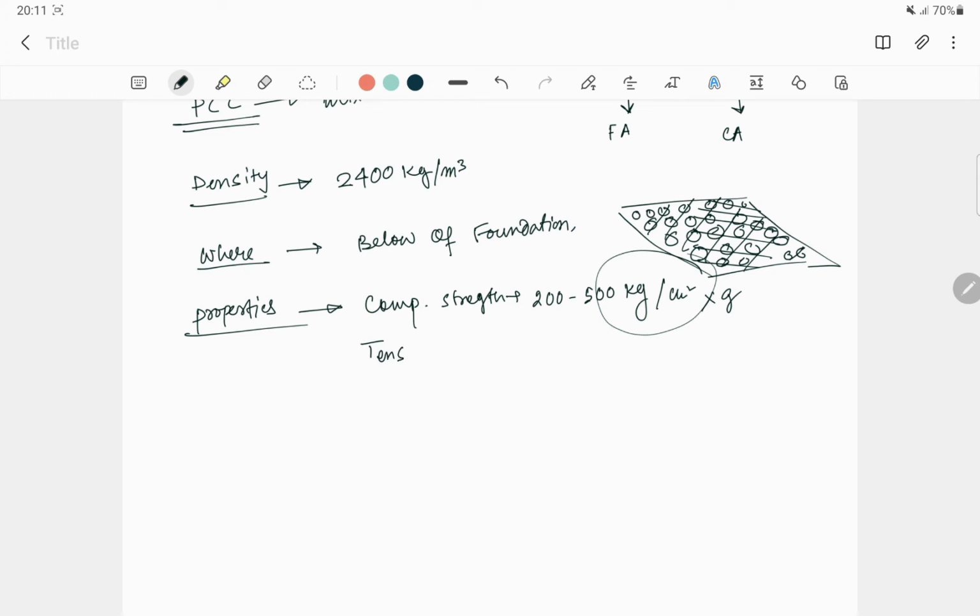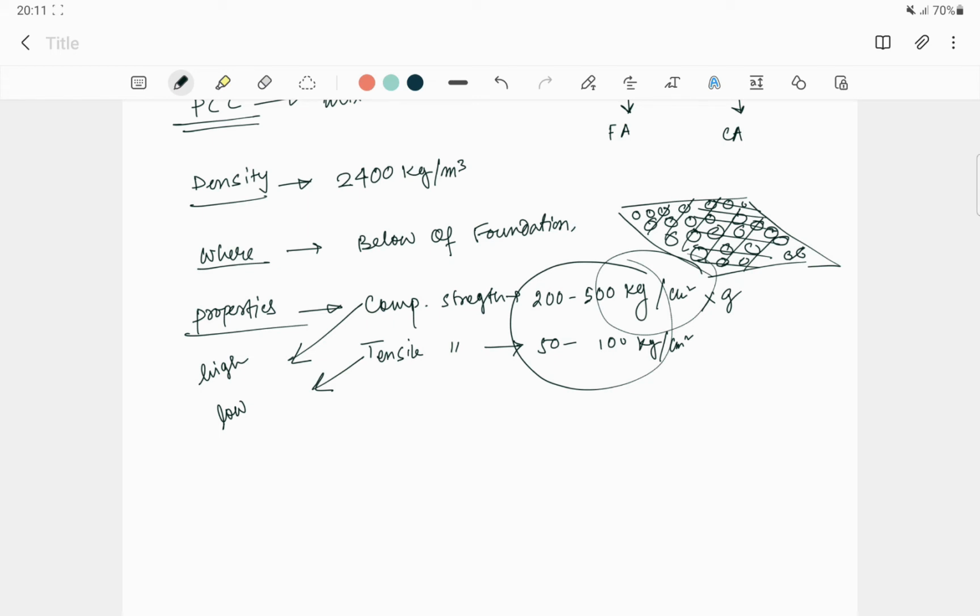Tensile strength should be 50 to 100 kg per centimeter square. By comparing these two values, I can say it has high compressive strength, high compressive resistance, but low tensile resistance.